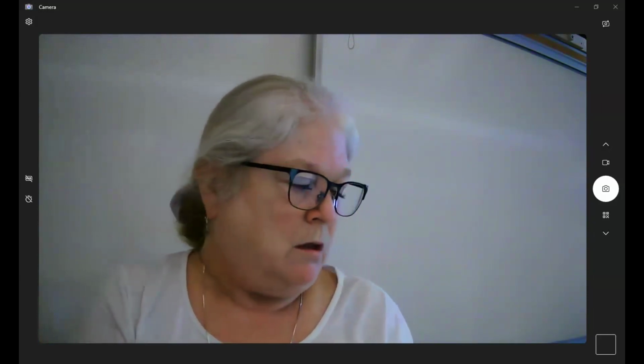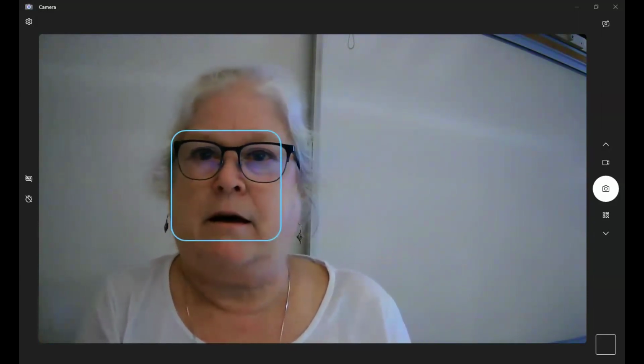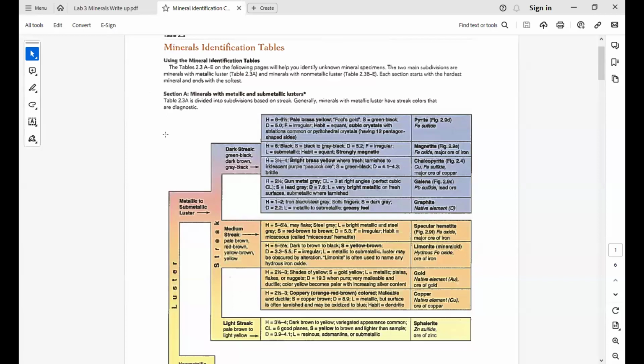Okay. So now let me stop sharing this and go into the mineral charts again. And what do we have? We have non-metallic luster. We have hardness that is 5.5 to 6.